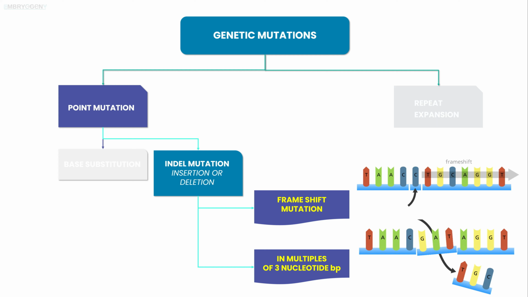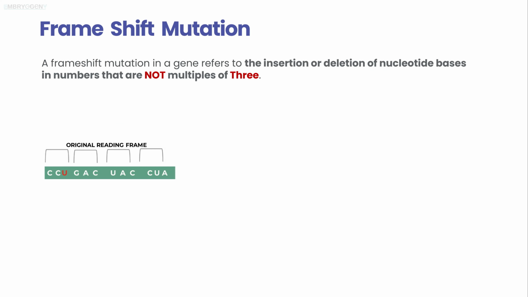The next kind of mutation is an indel mutation, or insertion or deletion. Insertion or deletion of one or two nucleotides results in frame shift mutation. Frame shift mutations are insertions or deletions in the genome that are not in the multiples of 3 nucleotides.